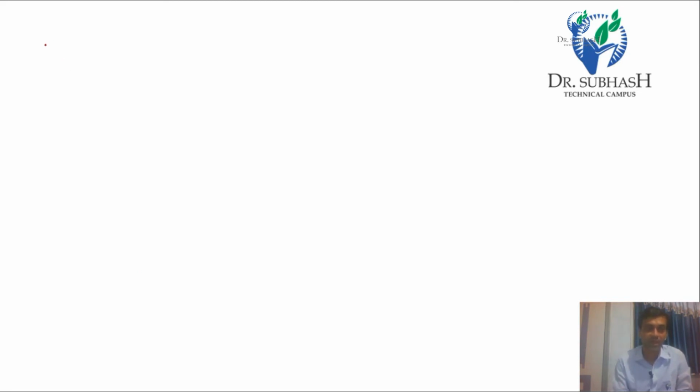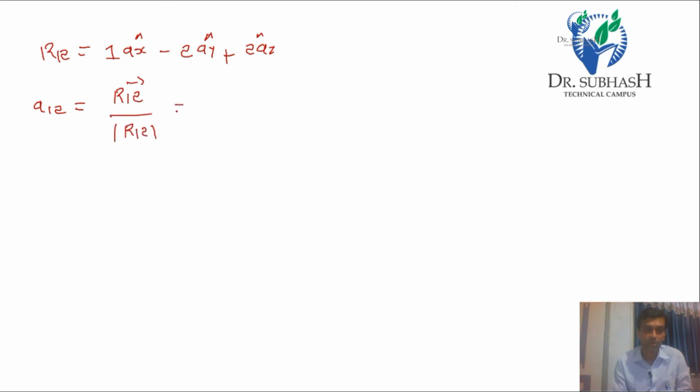So we can say that r12 is equal to 1ax minus 2ay plus 2az, and the unit vector can be written a12 is equal to the position vector r12 upon the magnitude of r12. First we find the magnitude of r12.